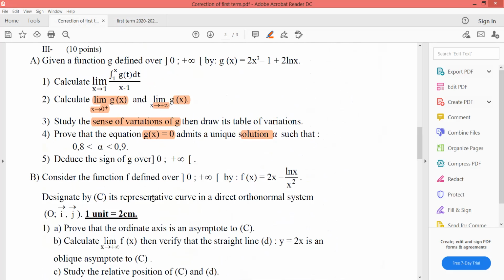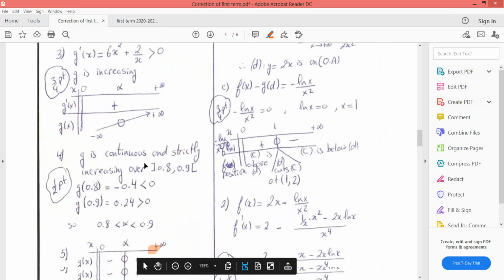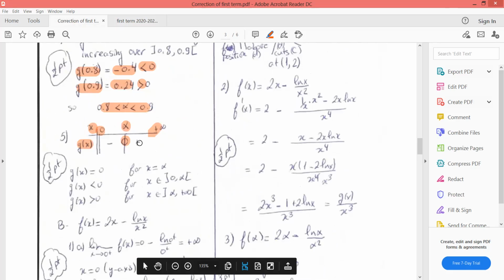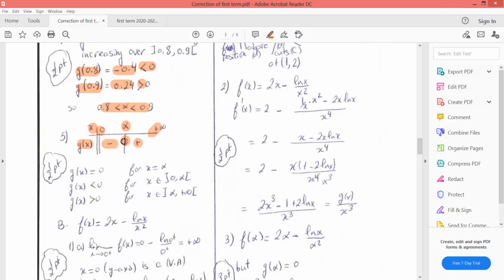So I can put here positive, here is negative. And after doing this table, you have to state that g(x) equal to 0 for x equal alpha. g(x) is negative for x belongs to (0, alpha). And g(x) is positive for x belongs to (alpha, plus infinity).